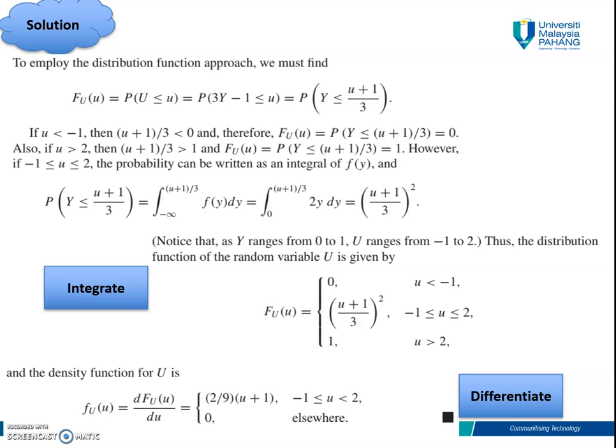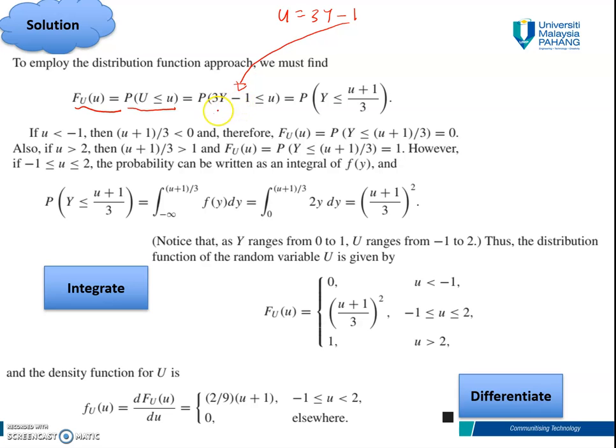If you remember the previous slide, the first step is to find this. You have F_U(u) equals the probability that U is less than or equal to u, and you know from the question that U equals 3Y minus 1, so you substitute here.